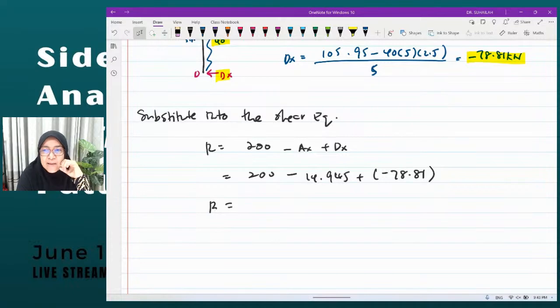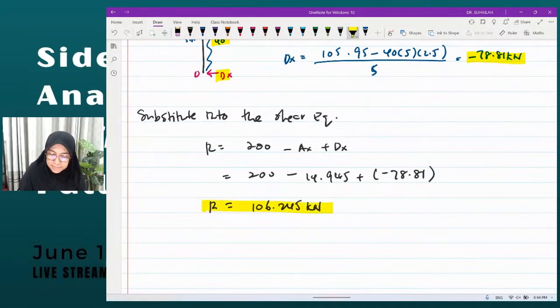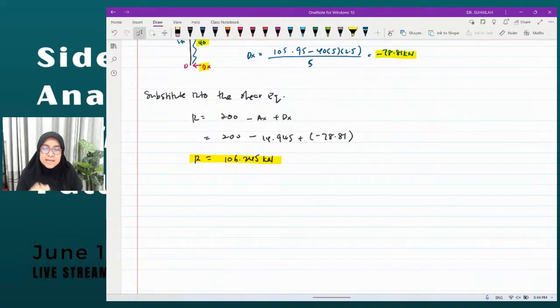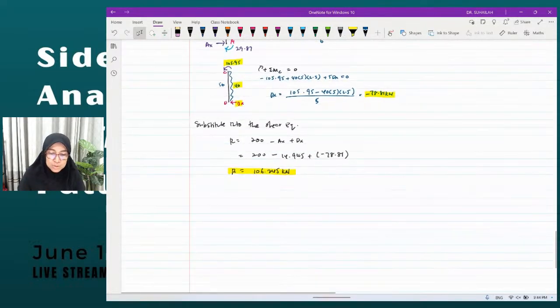This is the R value: 106.245 kilonewton. So this settles step number 2.